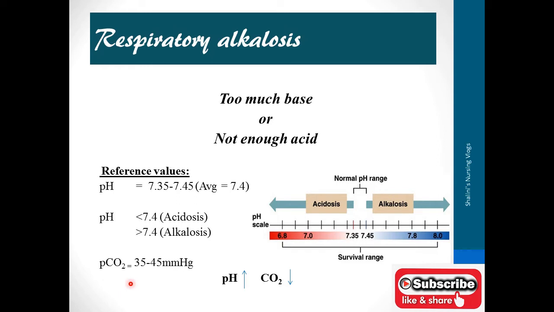The PCO2 reference value is 35 to 45, which is again a kind of acid. So what happens in respiratory alkalosis is that the pH increases beyond 7.4 and this acid, that is carbon dioxide, decreases, making the blood more alkaline.